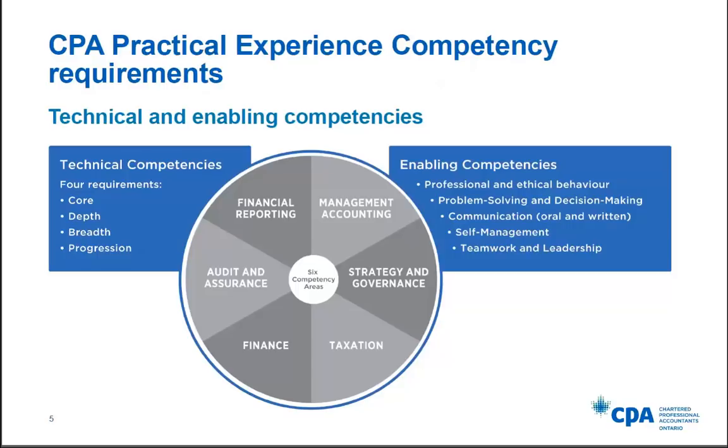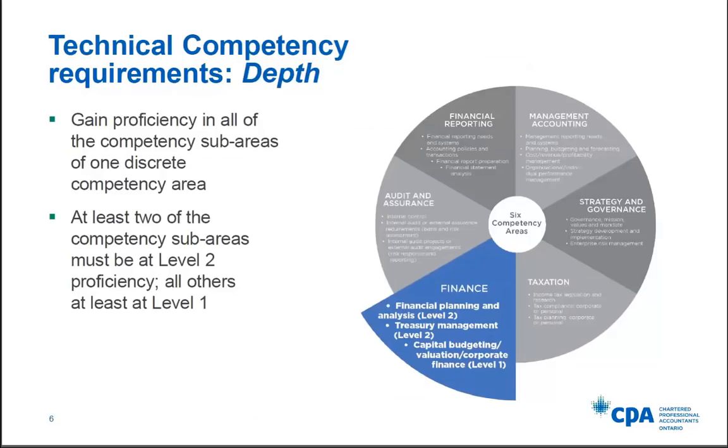And at completion, you need to have demonstrated how you've progressed to level 2 proficiency in a minimum of 4 technical subcompetency areas and a level 2 proficiency in all enabling competencies. The first requirement is depth. At completion, you must demonstrate depth in one area. To demonstrate depth, you must have gained proficiency in all the subcompetency areas with a minimum of 2 subcompetencies at a level 2, with the others at a level 1.